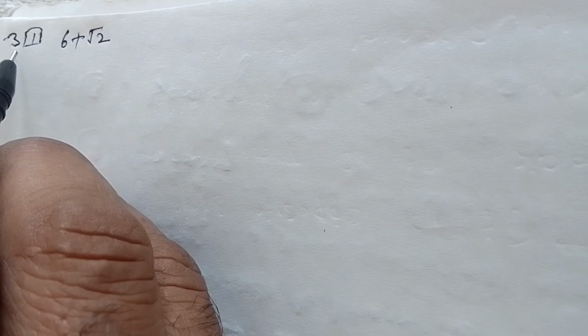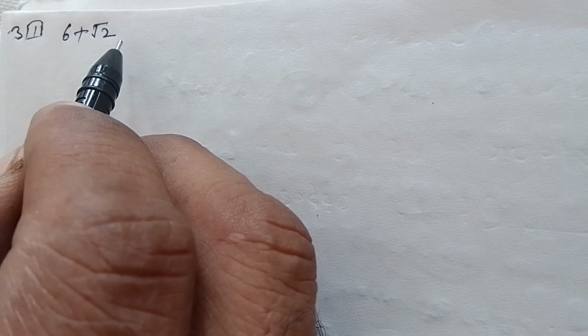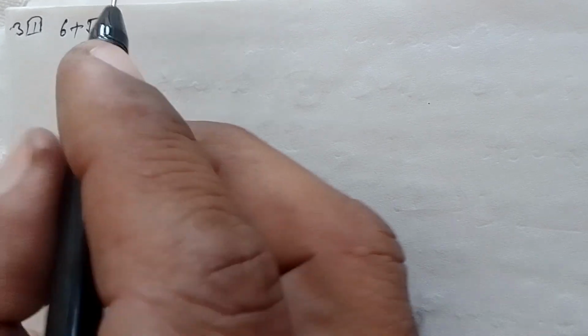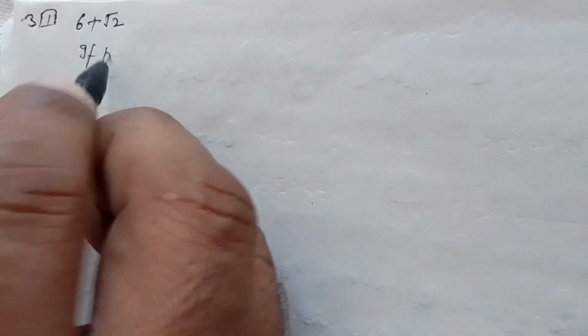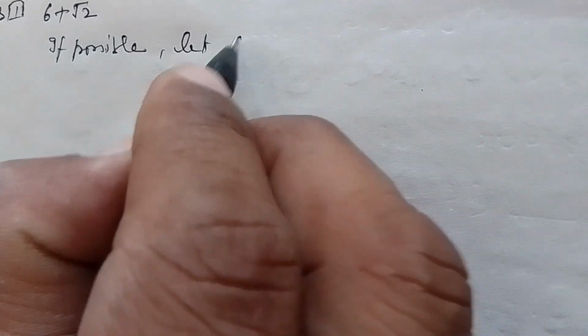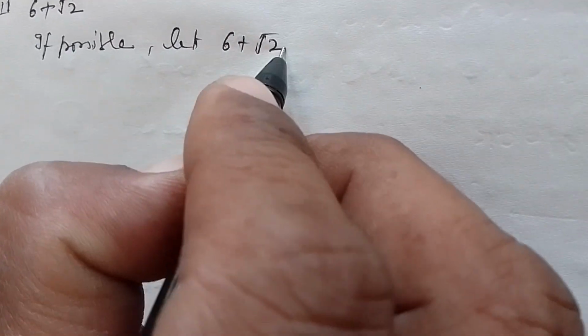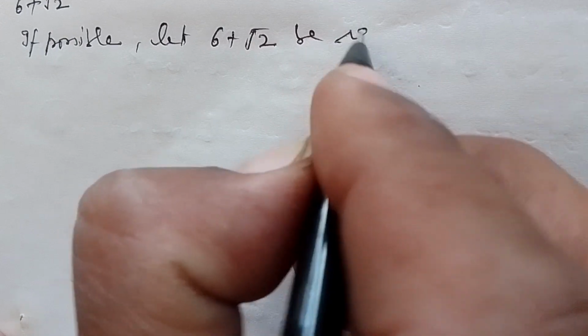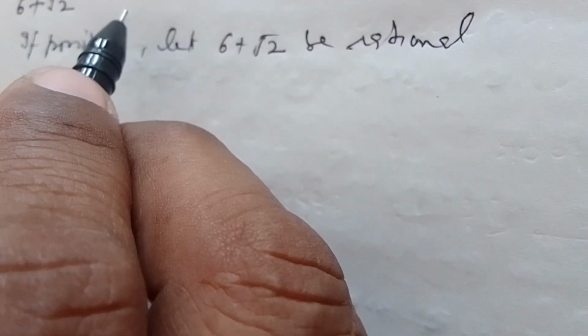The last question, the third part of the third question of exercise 1.2, is 6 plus root 2. We have to prove whether it is rational or not. If possible, let 6 plus root 2 be rational, means we have assumed it rational instead of irrational.